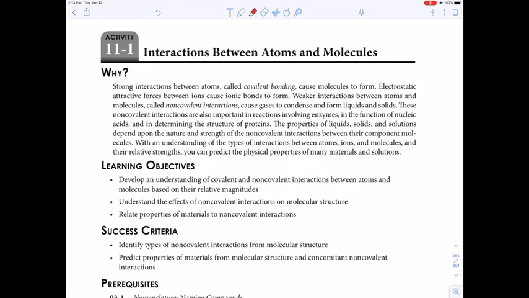The properties of liquids, solids, and solutions depend upon the nature and strength of the non-covalent interactions between their component molecules. With an understanding of the types of interactions between atoms, ions, and molecules and their relative strengths, you can predict the physical properties of many materials and solutions.